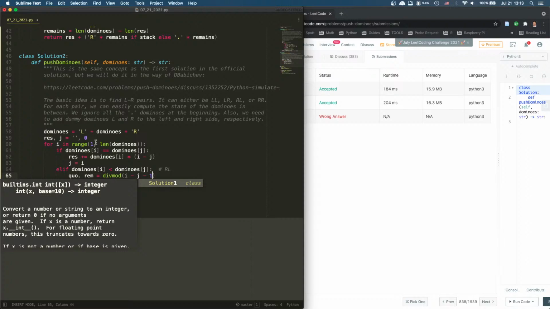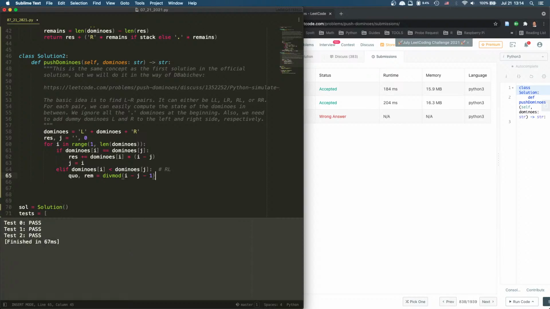When we move the J here, is that the same for L and L or R and R? We put those in and we move. R and R, we'll move it here, and then now we have this situation in RL.